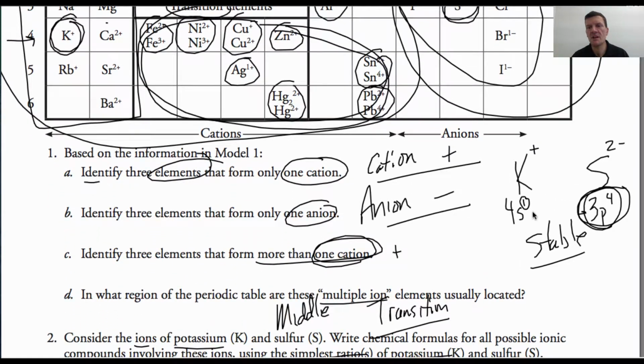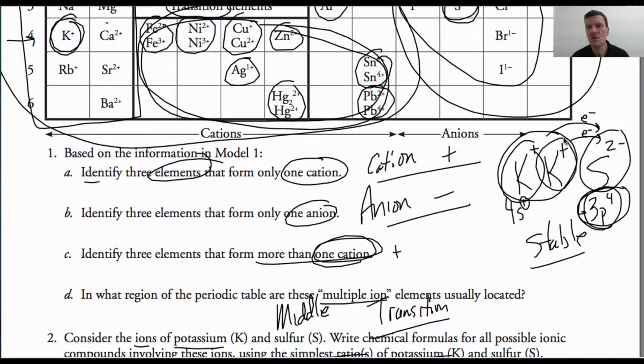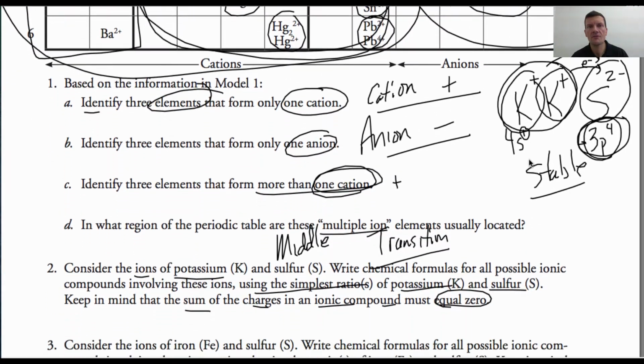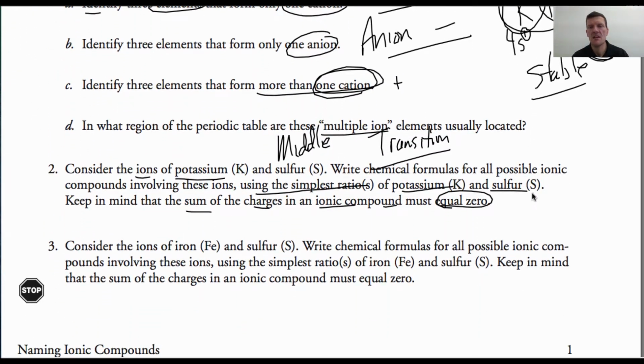Potassium is going to have to bring a buddy, and that buddy is going to also lose 1 electron. Together, these 2 potassiums are each going to lose an electron and hand it over to sulfur. Sulfur then has become a 2 negative charged ion. Each potassium is a +1, and these 3 particles are all going to form a compound, and that compound would be 2 potassiums.